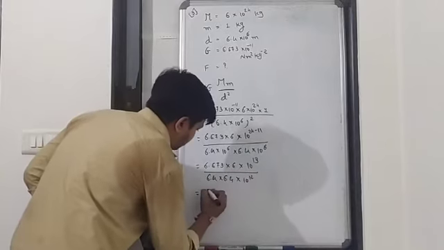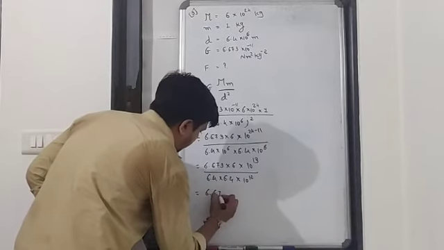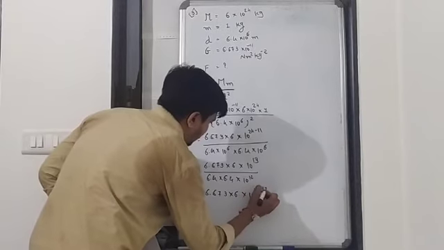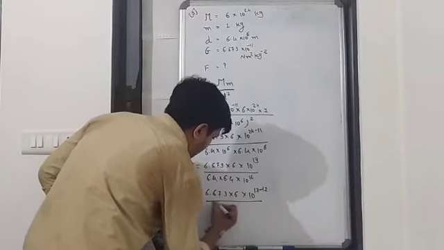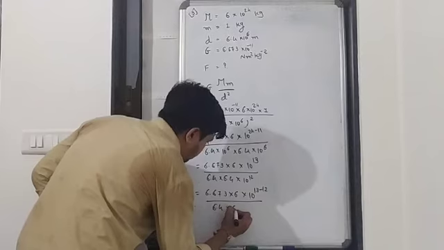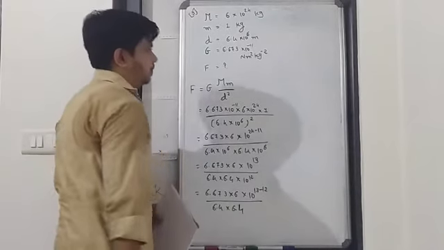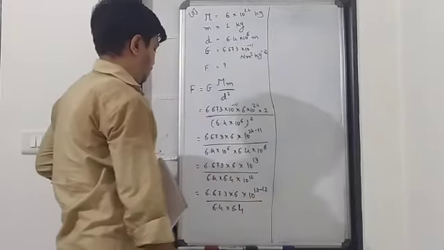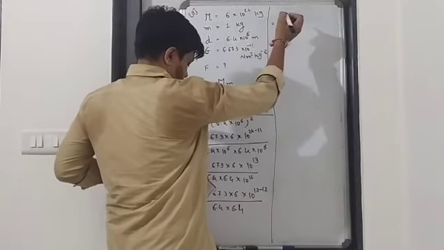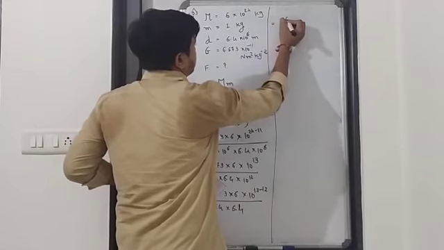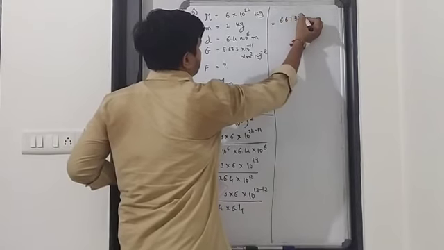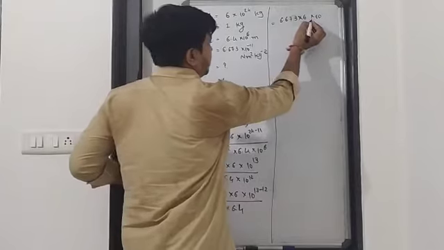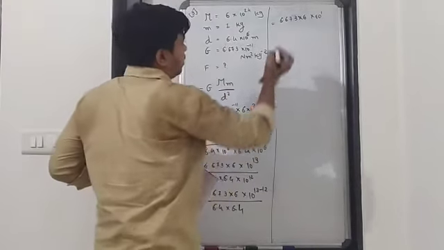Now both are in division. So the powers will be subtracted from each other. Then it is 13 minus 12. Divide by 6.4 into 6.4. Right? 6.673 into 6 into 10 raised to 13 minus 12 means it's 10 raised to 1, right?